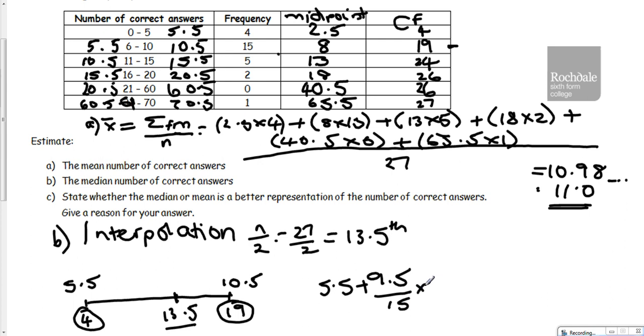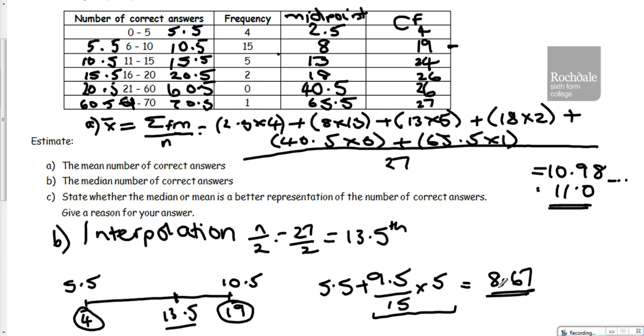Now, the class width here is 5.5 to 10.5, so the class width is 5. Now using our rules of BODMAS, we work this bit out first, and then we add on the 5.5. So if you use your calculator to work that out, 8.67 is the answer.